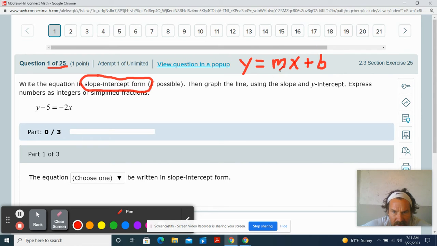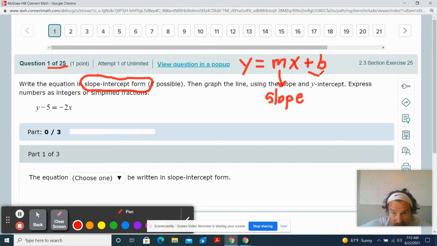The m is the same as the m was yesterday, and that m is going to be a number. It might be a fraction, it might be a positive number, it might be a negative number. It's not going to be a decimal. Remember, yesterday we said m was equal to slope, so that's the slope of the line.